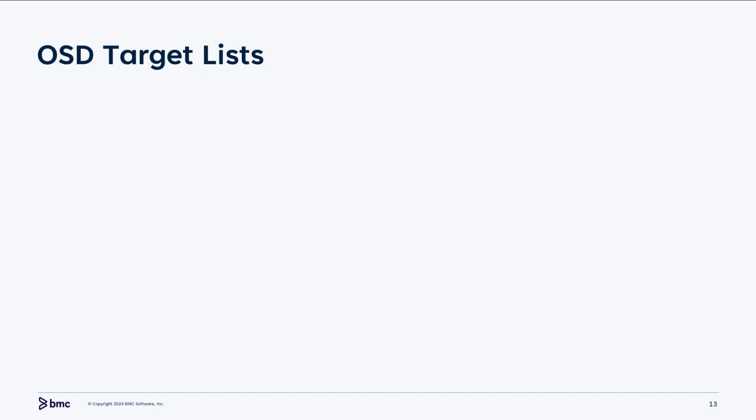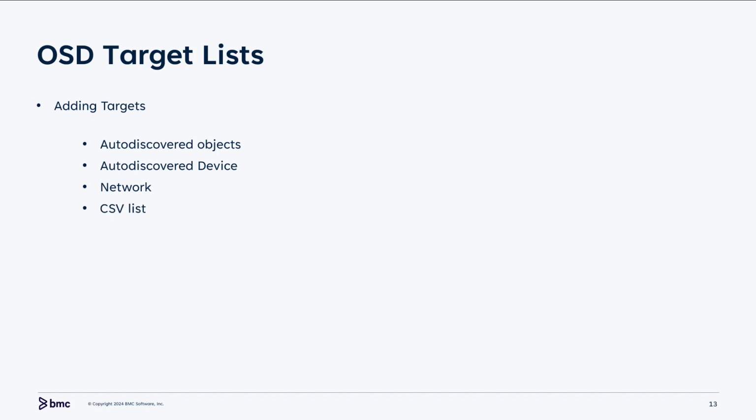This list is updated every 4 minutes by default. Devices can be added to the list of targets in a number of different ways. They can be added via auto-discovered objects, auto-discovered devices, Microsoft Neighborhood Network, and CSV list.